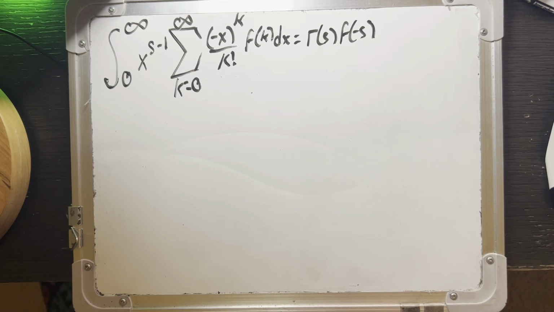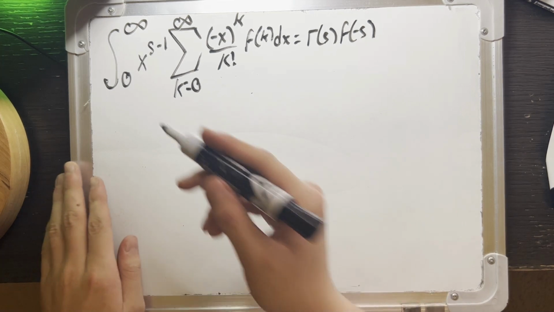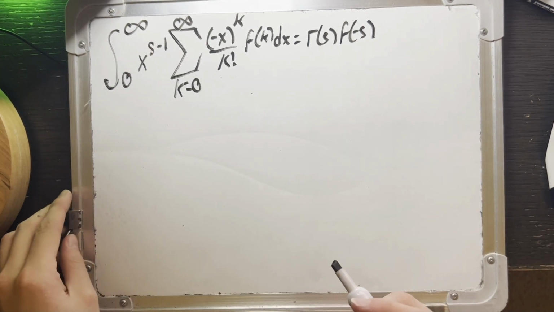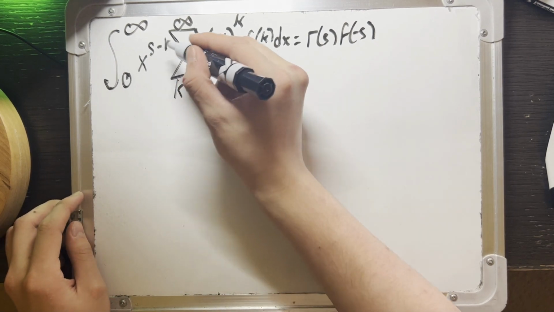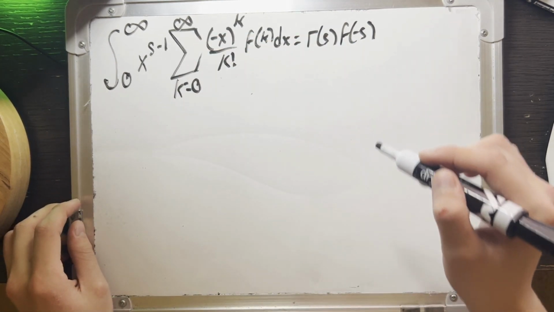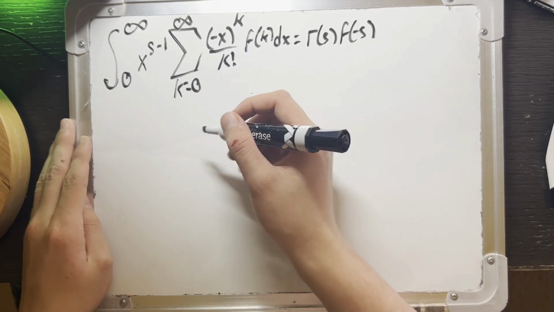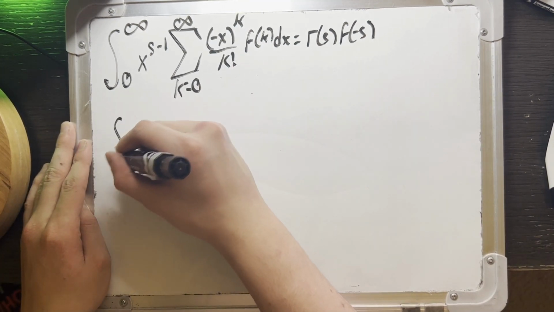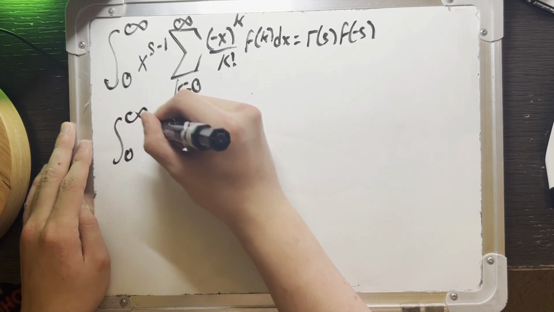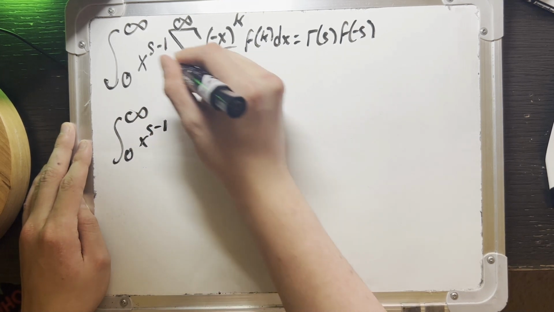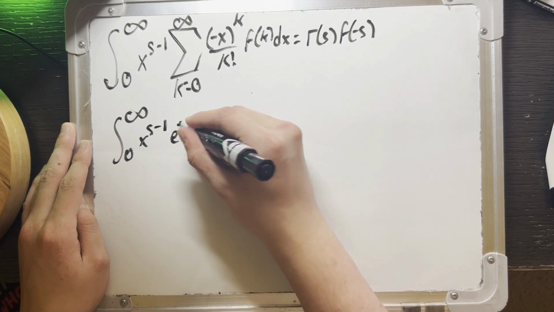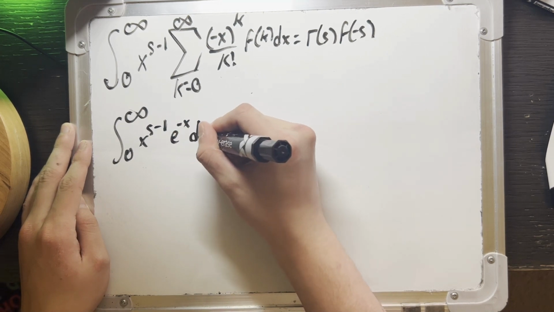So we're going to need an improper integral from 0 to infinity of x to the s minus 1 and e to the minus x in it. So we're going to take that integral. Let's take this integral from 0 to infinity, x to the s minus 1, e to the minus x dx.